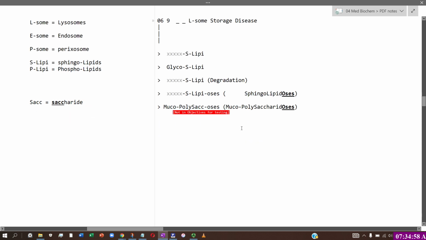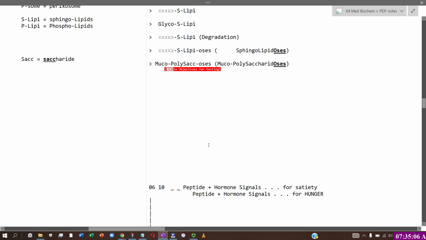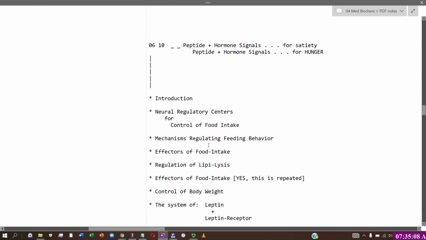For some reason it says that this is not in the objectives for testing. So I have to ask what that means, if it will or will not be covered in the exam. That is a pending question.